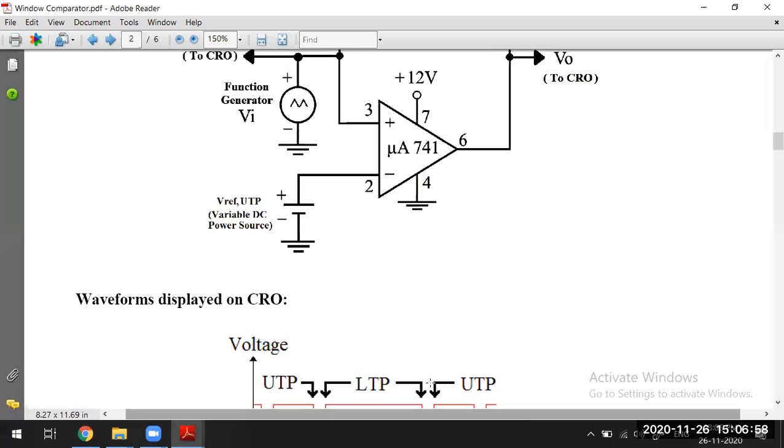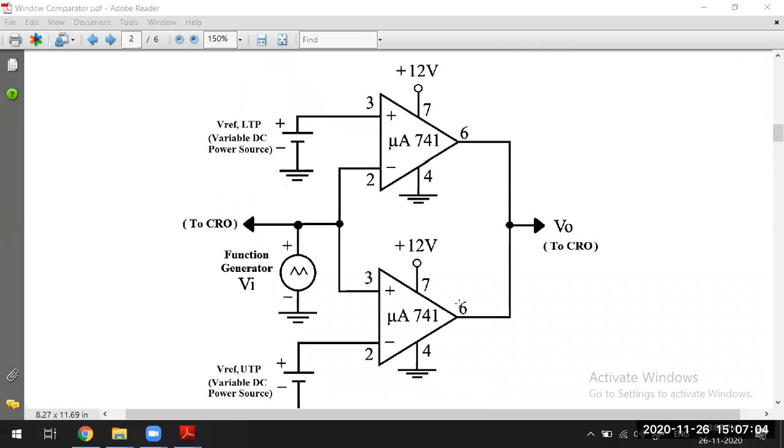Any doubts? Okay, still everyone is sending the attendance. See, I think you know about the 4th and 7th pins. They are the saturation voltage. What does saturation voltage mean?